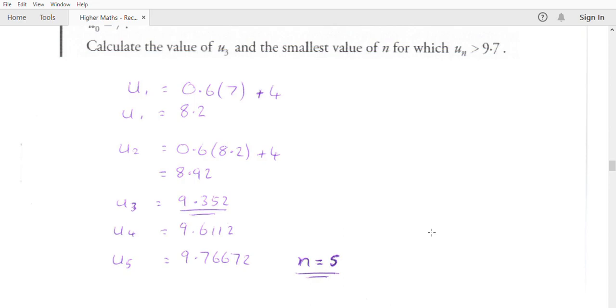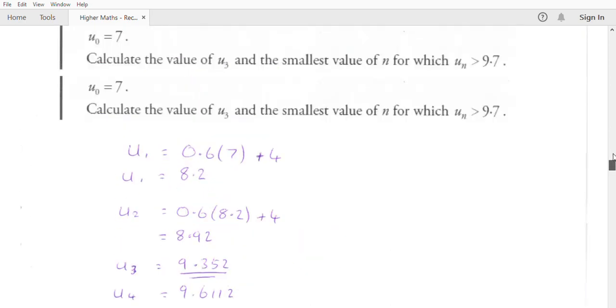Eventually, if we press it enough times, it will move to a number that will be rounded to 10 on our calculator, because there's only so many decimal places. It will come out as 10.